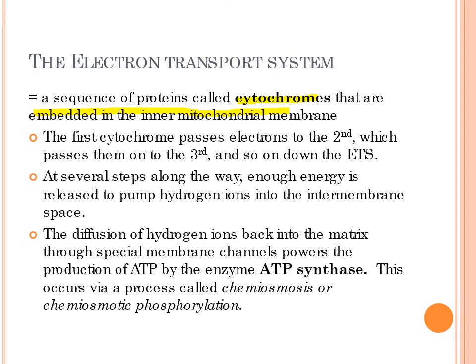Along the way, many of these steps are going to release enough energy to pump the hydrogen ions into the intermembrane space. We're going to see a picture, and it's going to make more sense when we see it. As these hydrogen ions are pumped from the inside of the mitochondria out into the intermembrane space, that creates a transmembrane potential.